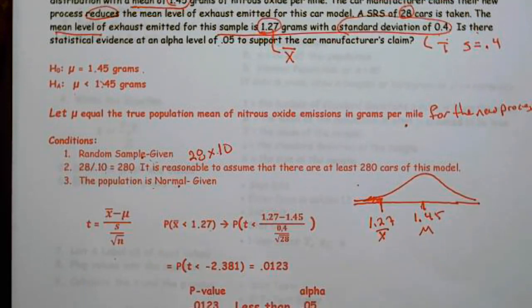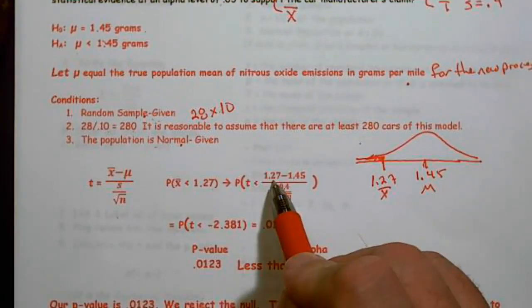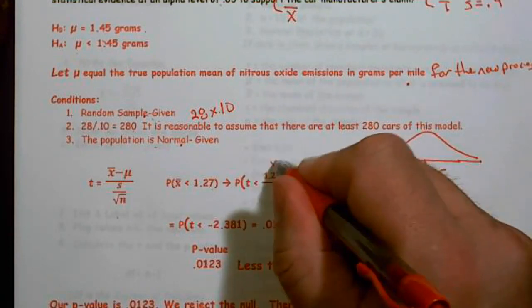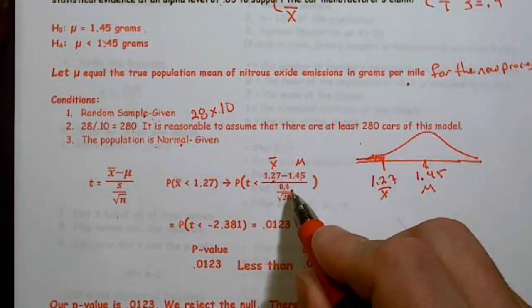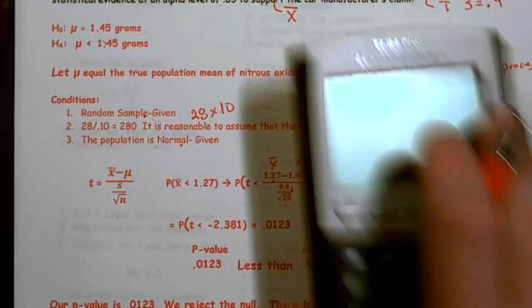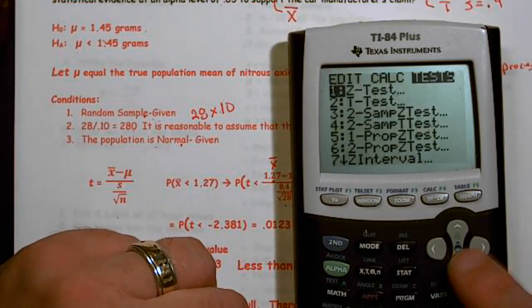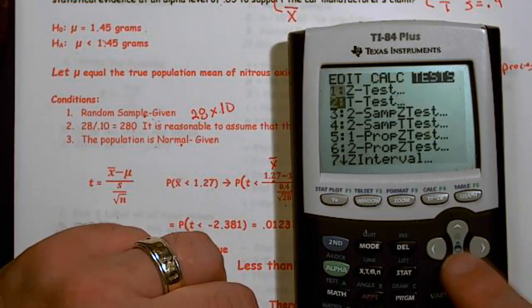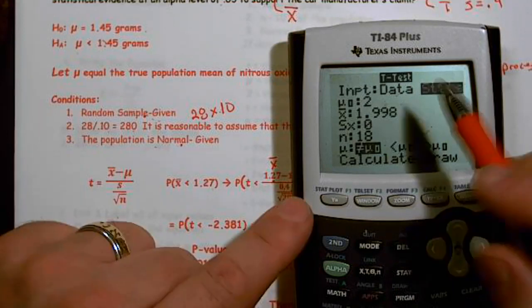All right. So we're going to go ahead and calculate a t statistic. Our x bar was 1.27, and that came from the sample. This is my mean, here's my population, and that's the standard deviation of the sample divided by the square root of my sample size. So here's what I do on the calculator. Stat, test, t-test, and make sure we're working with statistics.